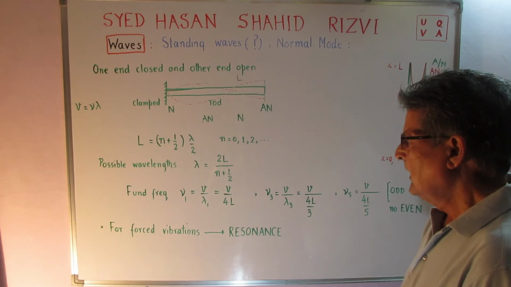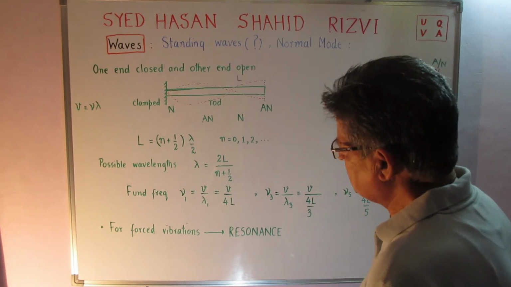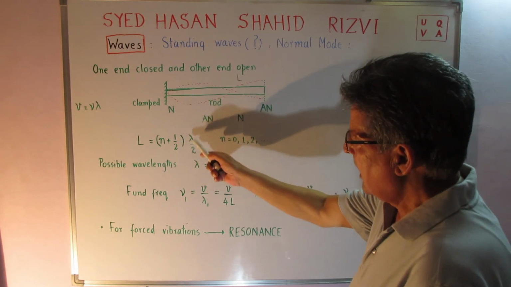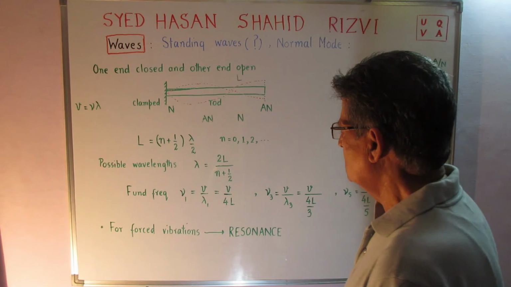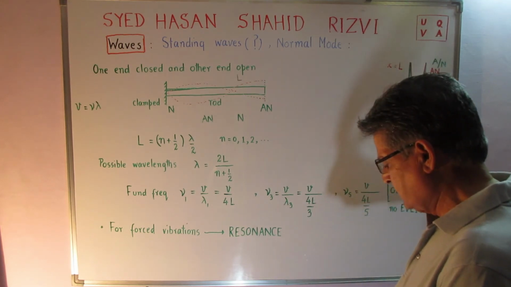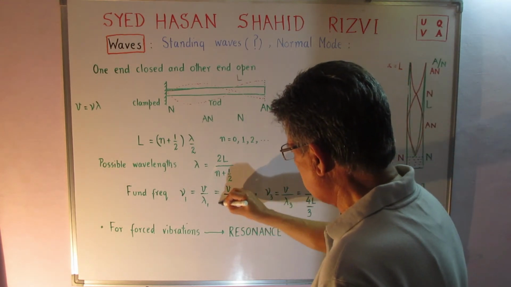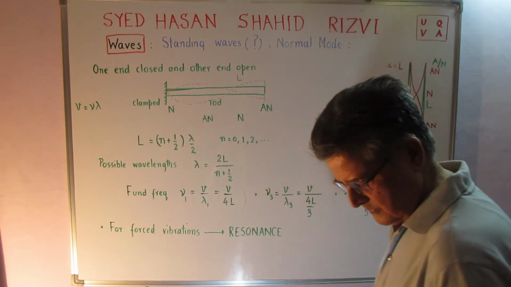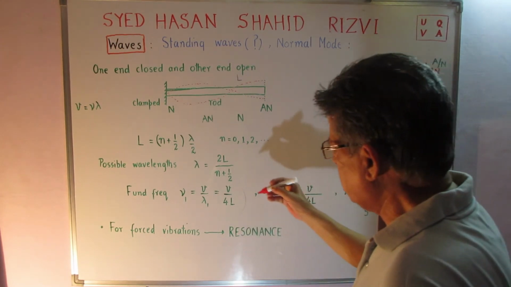Okay. And if n is equal to 0, then this turns out to be equal to half into lambda by 2, or lambda will turn out to be equal to 4L. So for the fundamental frequency, I have this value over here, V upon 4L.